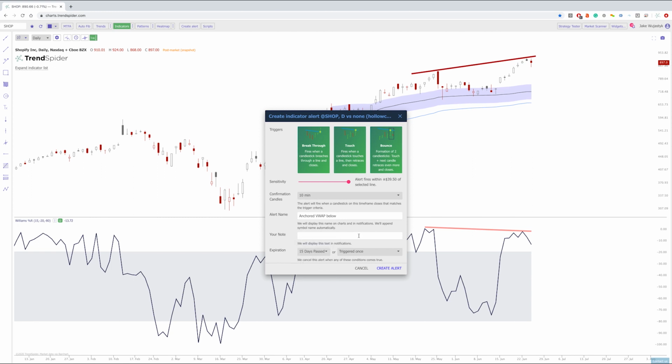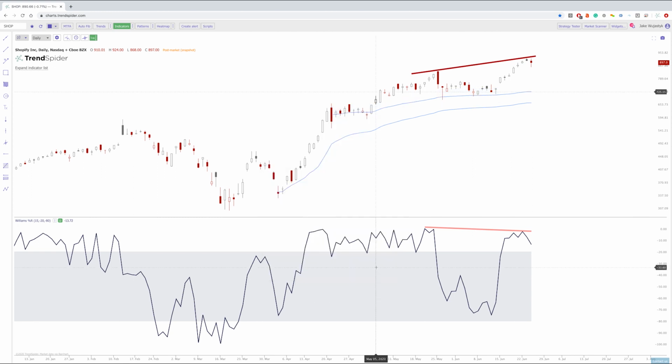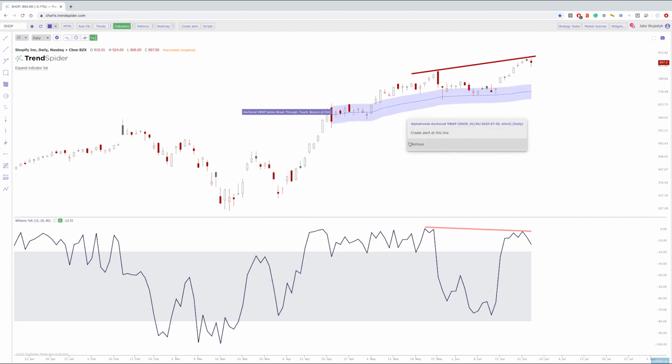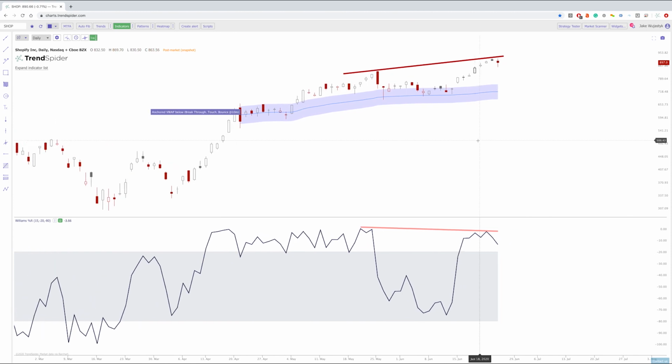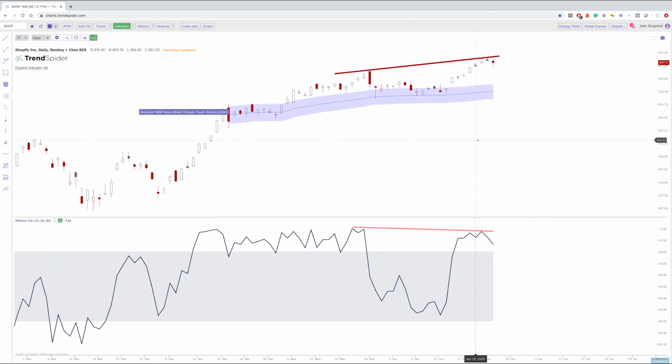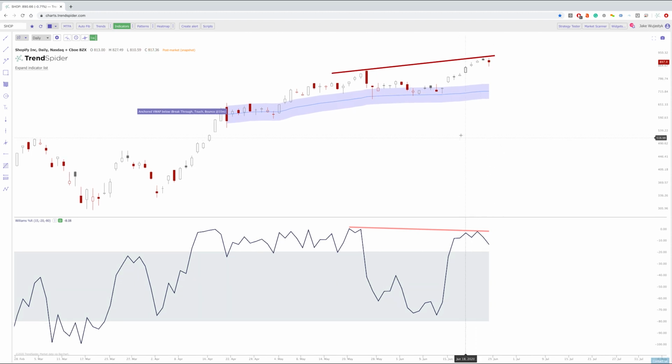So for me, if I was trading this, I don't really trade Shop because the spreads are massive a lot of the time, and I just don't have time to try to snipe the level 2. You can really see how the price action respects this divergence.